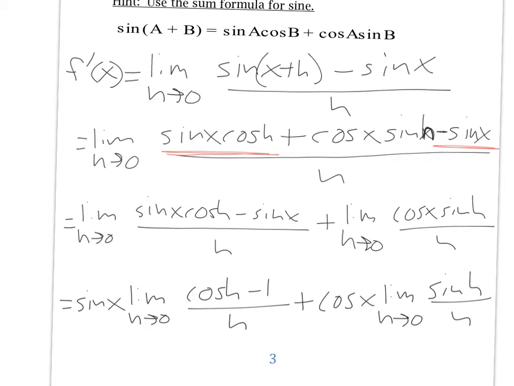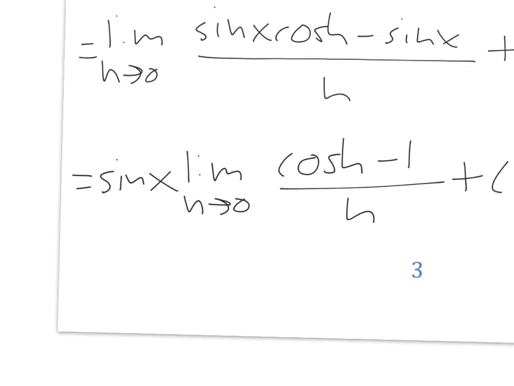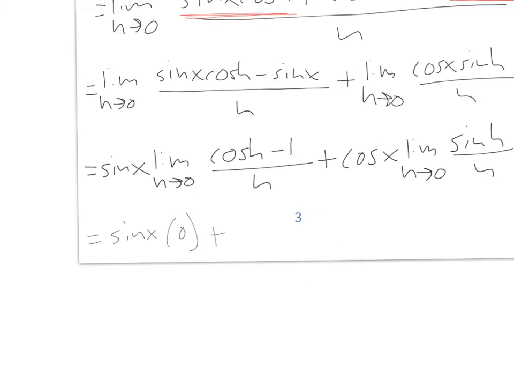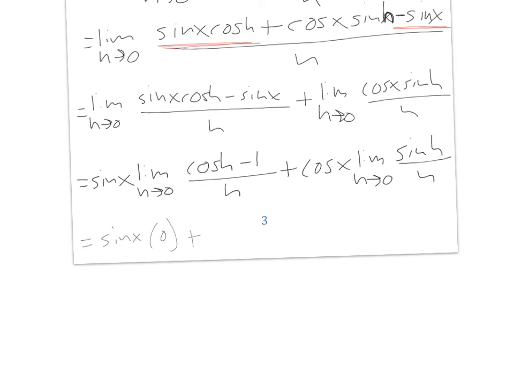So let's look at the left side here. We know what this limit is. This is one of our rules. When the limit of this approaches 0, we know that this whole thing is just 0. So really what I have here is sine of x times 0 plus, over here I have the cosine of x out in front, but what is this?